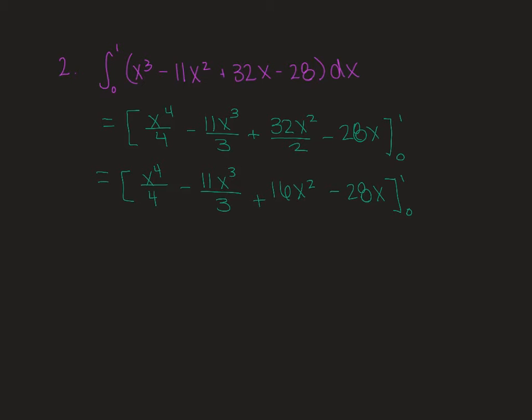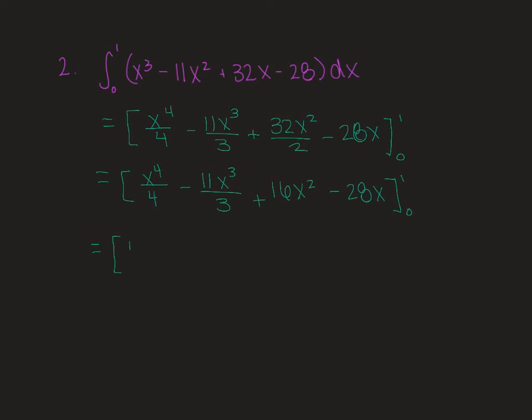0 to 1. All right, now we got to plug these in. So with this specific problem, notice that our lower bound is 0. When I plug in 0, it's going to kind of just become one big 0. So we're not really going to see as much work as last time.